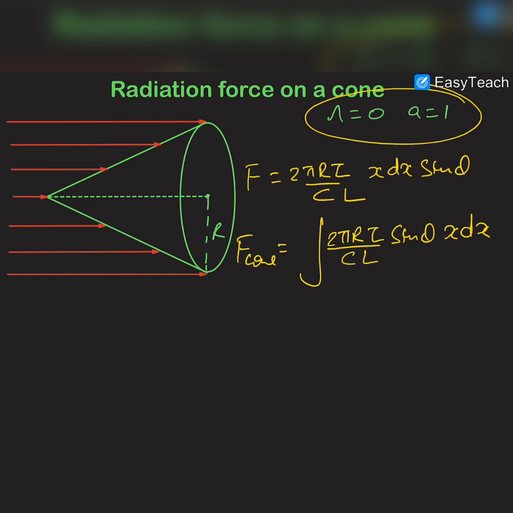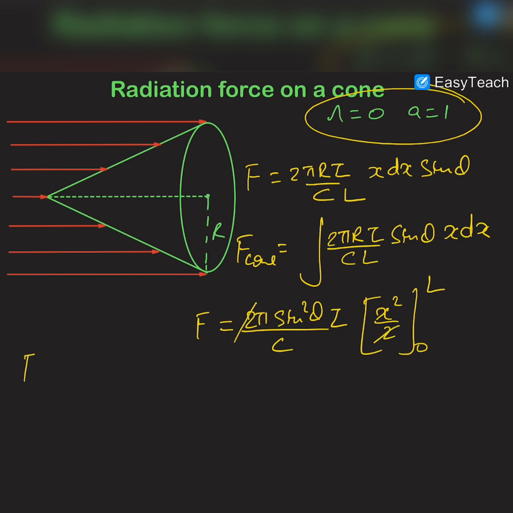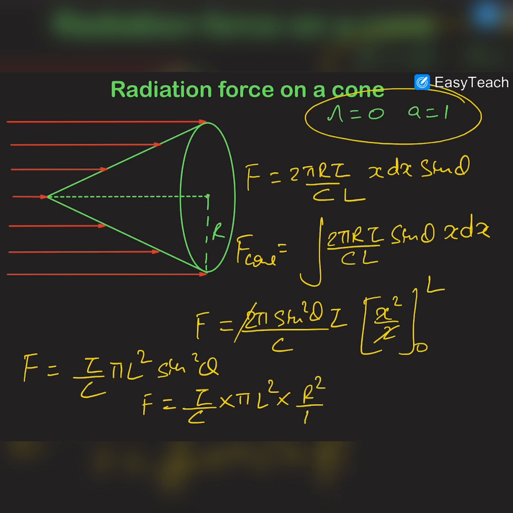And this r by L is again sin theta, so F cone will be equal to 2 pi sin square theta divided by c into I, and the integration of x is x square by 2, and the limit will be from 0 to L. Cancelling this 2 with 2, F will now be equal to I by c into pi L square into sin square theta, and sin square theta is r square by L square.